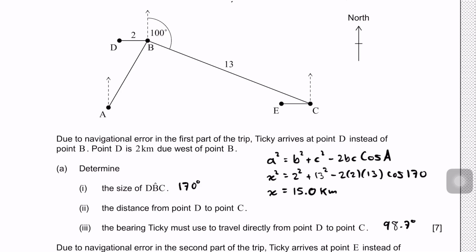So let's first draw the line to show the distance between D and E. There we go. And let's fill in some information that they've given us. They told us that the distance between C and E is 2 kilometers, and they also told us that it's due west, just like this was. And so if we have two parallel lines here and we're traveling, everything is essentially just shifted 2 kilometers.